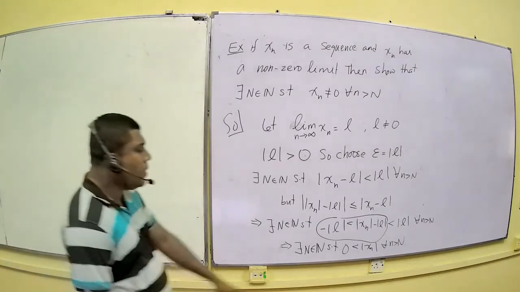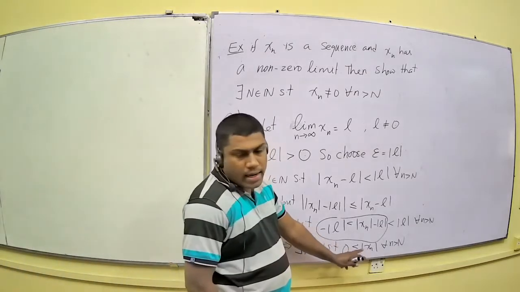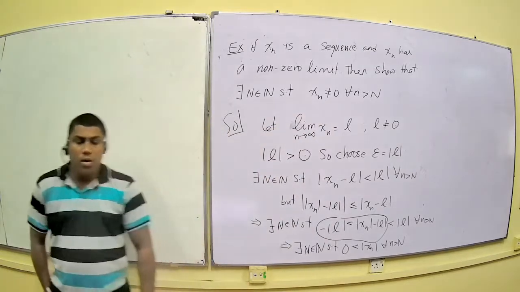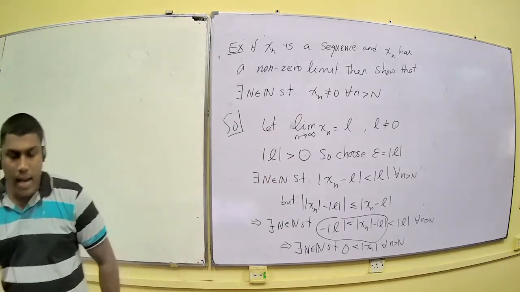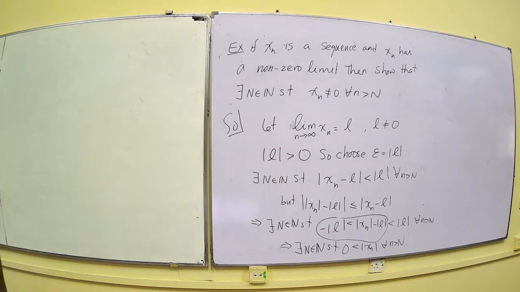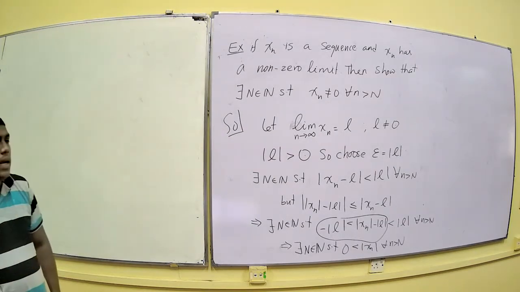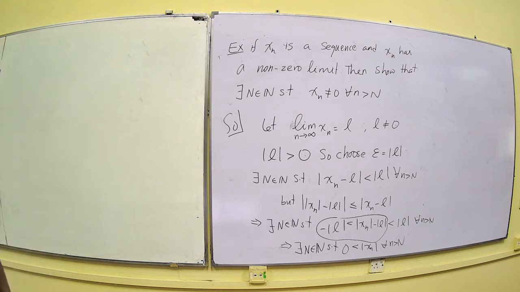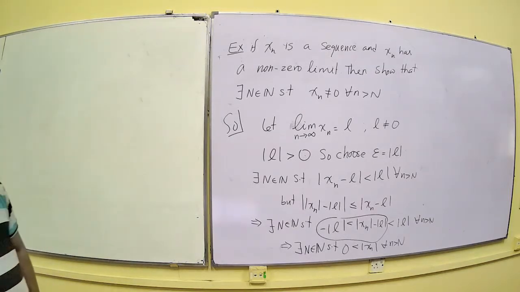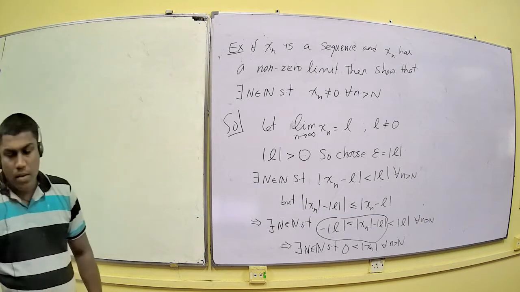If the absolute value of xn is bigger than 0, then that clearly shows you xn is not equal to 0 for all n bigger than N. And that's how you show that if the sequence has a non-zero limit, then at least at the tail the sequence will be non-zero.